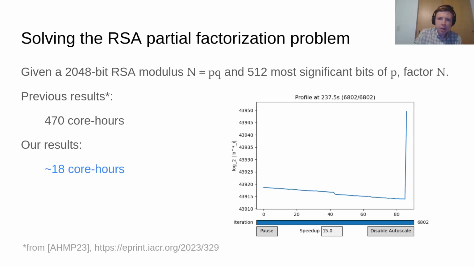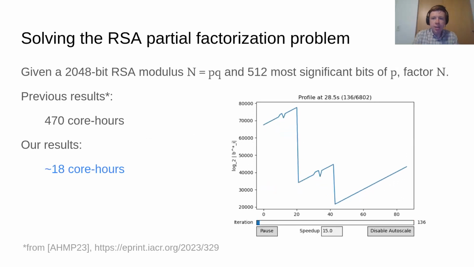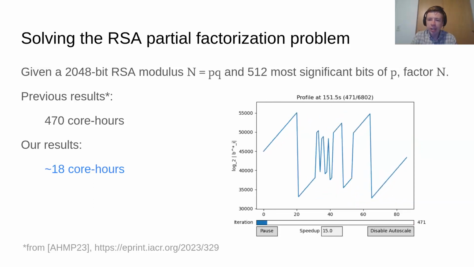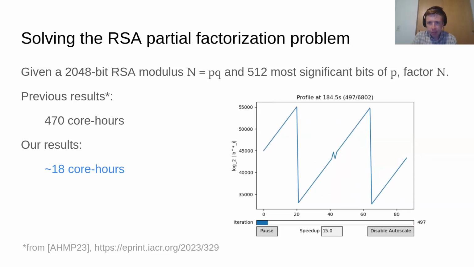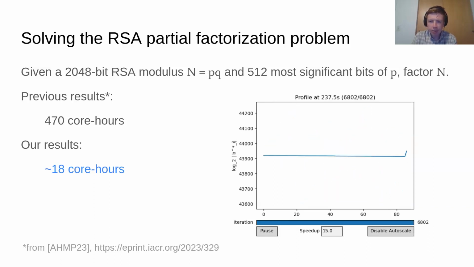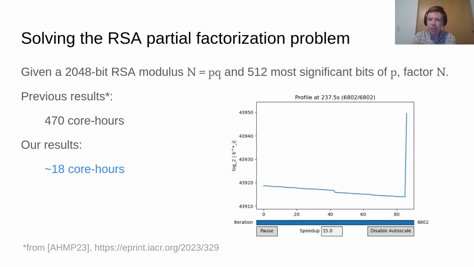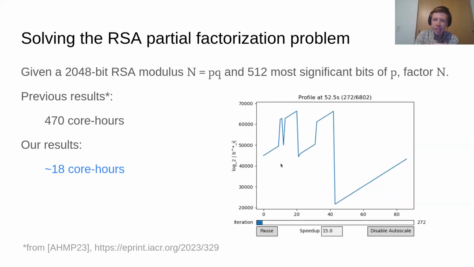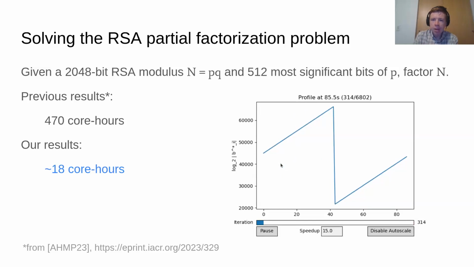So I'll just return to the prior example of the RSA factorization problem, where this is us using our actual implementation to solve this problem. And hopefully now the profile diagram makes a bit more sense. As this progresses and we wait for it to restart, notice the recursive structure where we're looking at a subset and removing the large decreases from that subset.